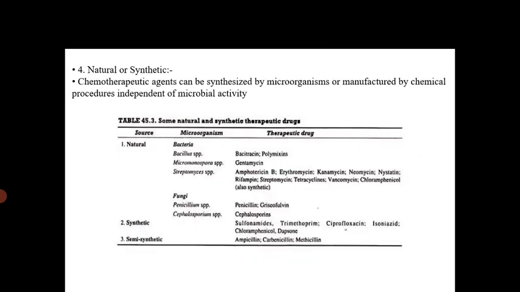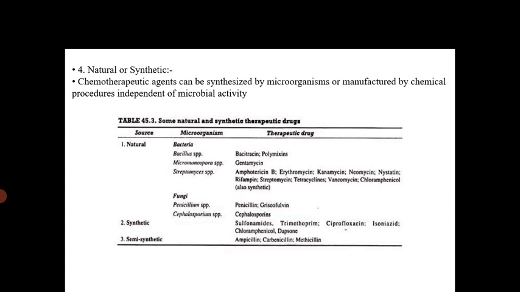Next, natural or synthetic agent. Now these chemotherapeutic agents, they can be synthesized by microorganisms or manufactured by chemical procedures which are independent of their microbial activity. A number of the most commonly employed antibiotics are natural, that is totally synthesized by certain bacteria or fungi.